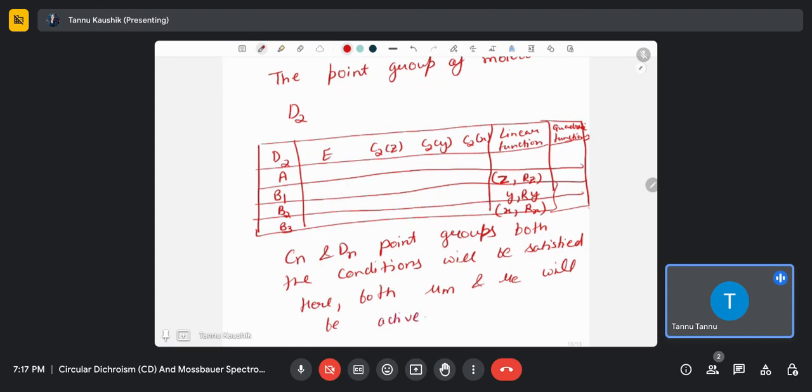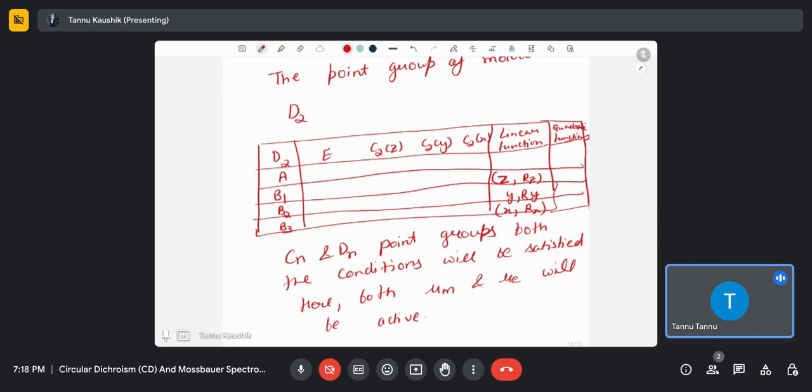So this is how you can find out what kind of sample we are taking, and how we can directly look for whether this sample has electric dipole moment and magnetic dipole moment active or not. So these are the two examples which I have shown. You can also look for other examples for Cn and Dn.